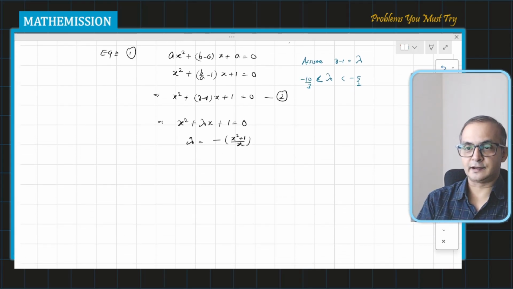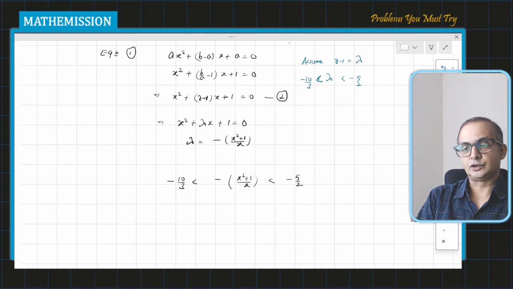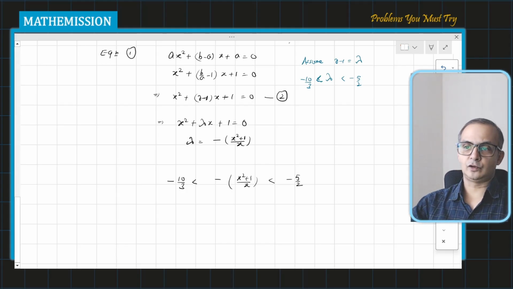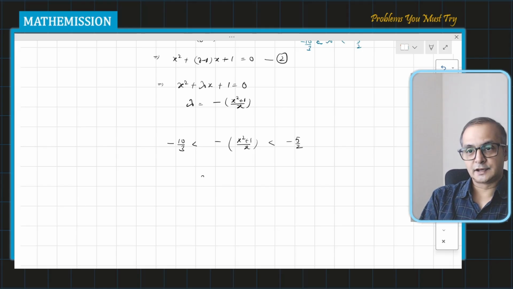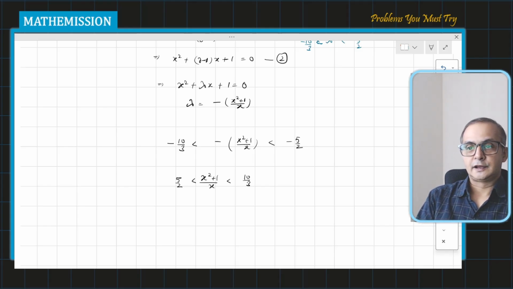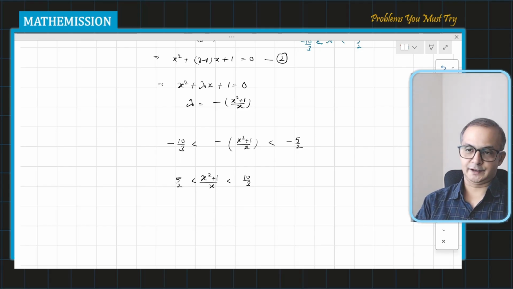So we get negative 10 by 3 lesser than negative x squared plus 1 by x lesser than negative 5 by 2. When I remove the minus sign throughout, the sign of inequality gets reversed, so I get 5 by 2 lesser than x squared plus 1 by x lesser than 10 by 3. Now we have to solve this inequality for x, correct?